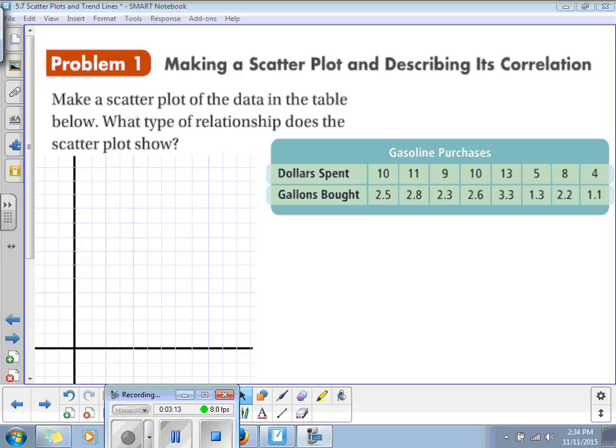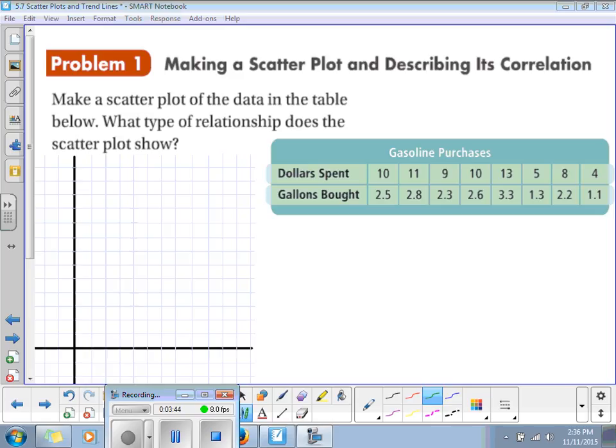So problem one is making a scatter plot and describing its correlation. Here I want you to write down the table and we're going to graph. We are graphing gasoline purchases. The first thing we need to do is figure out which one is the x and which one is the y. We do that by figuring out which is the independent variable and which is the dependent variable.